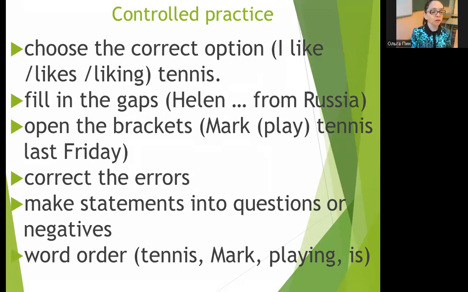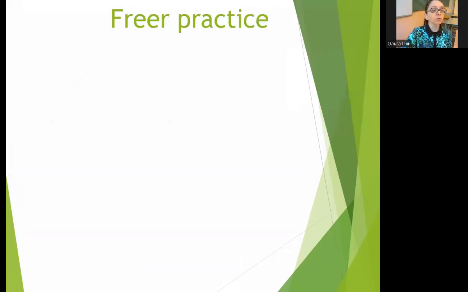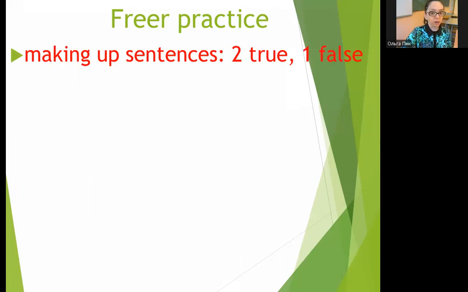Virtually all of these types of exercises can be created by students and then exchanged for their partners to complete. Next, we move on to free practice. For free practice, we use making up sentences in a certain tense to add communicative meaning.